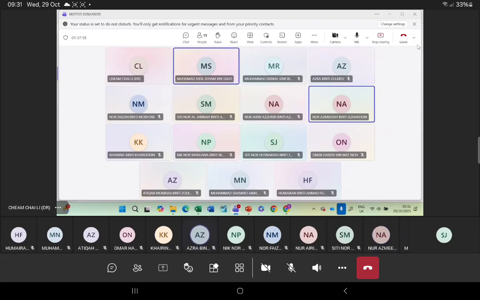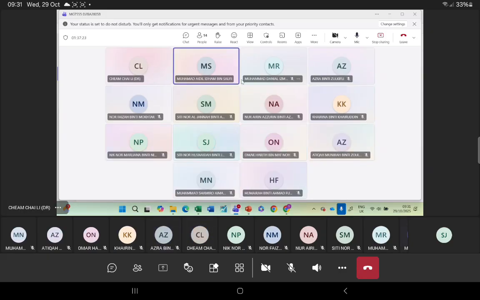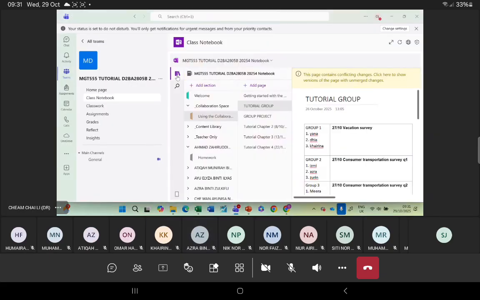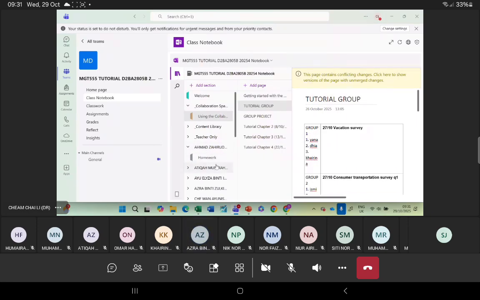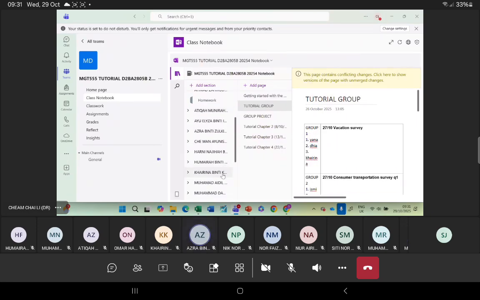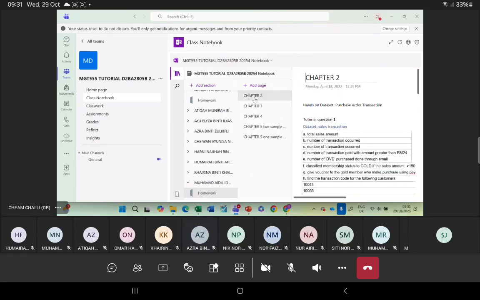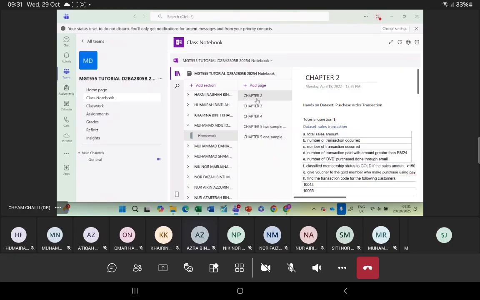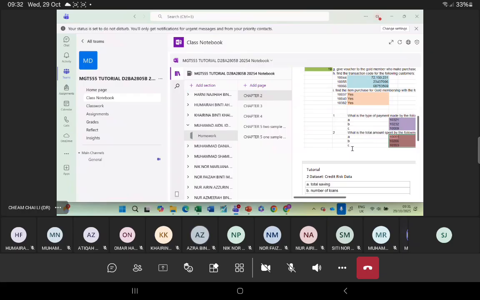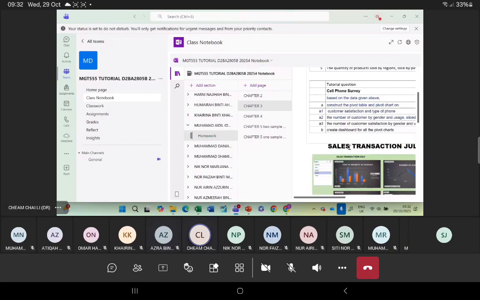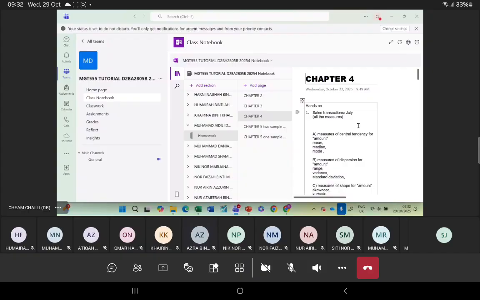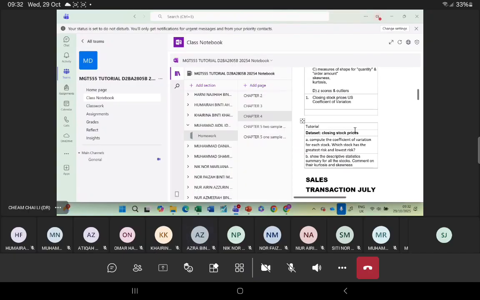Madam, cuba okay. Cek apa tu, note saya dah ada. Kejap, your tutorial. Ya, okay, kejap. Homework. Betul kan Ideal? So chapter 2, okay, ada. Chapter 3 yang ada. Chapter 4 yang ada.